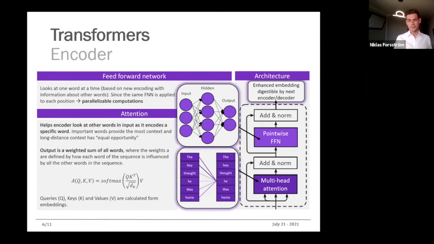So remember that we're translating this to a vector space. And of course, the words surrounding the word that you're interested in are going to have an effect on how you encode that word. To understand this in a bit more detail, we're going to look at an example. If we consider the sentence in the middle of the screen at the bottom, it says, the boy thought he was home. And if we consider the word he in this context, if we want to encode that word, we want to essentially get the internal meaning of it.